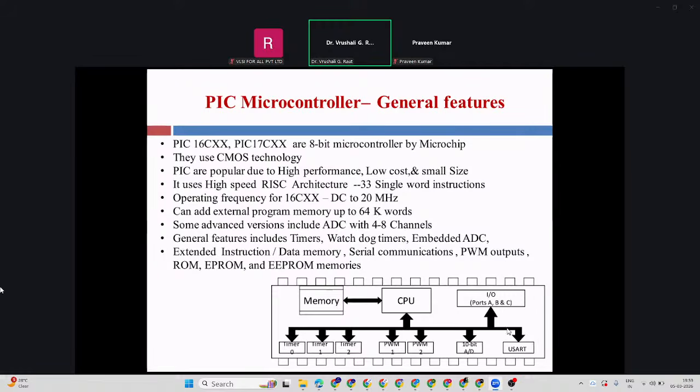What do you understand by I/O ports? Input or output port. These pins, how I want them, as input or output, can be decided by programming these ports.